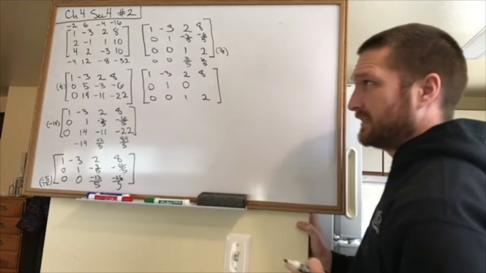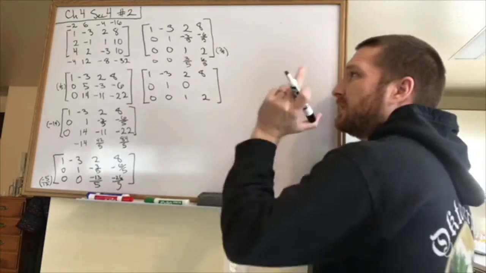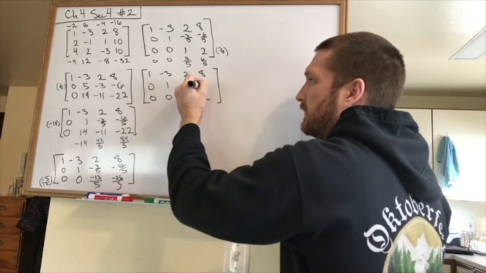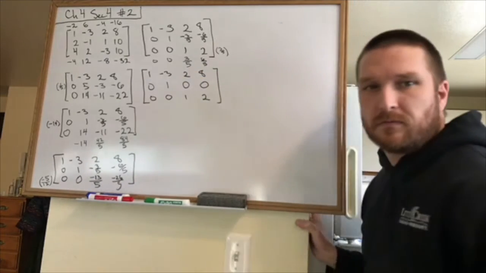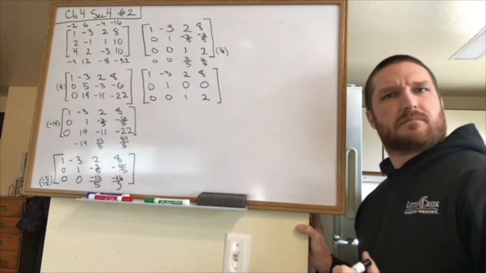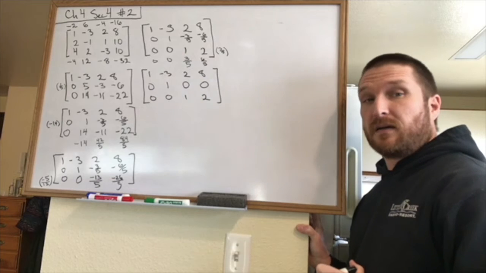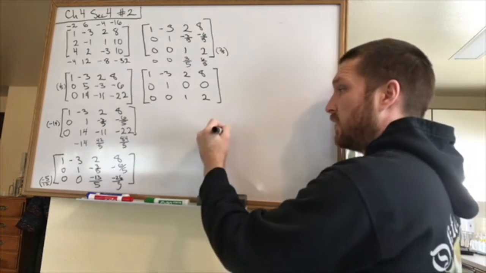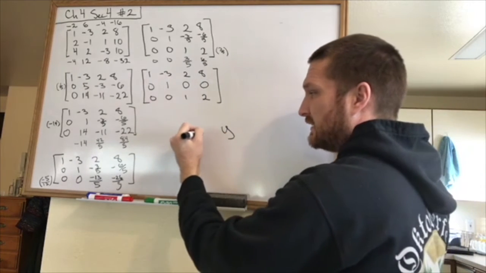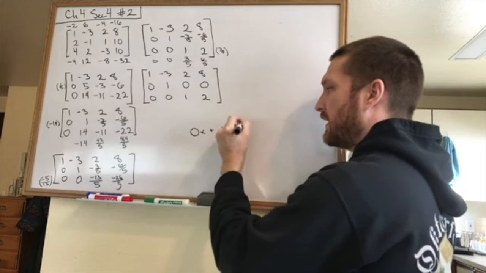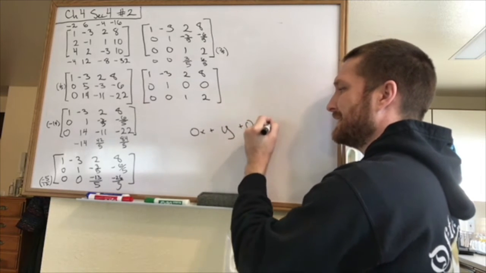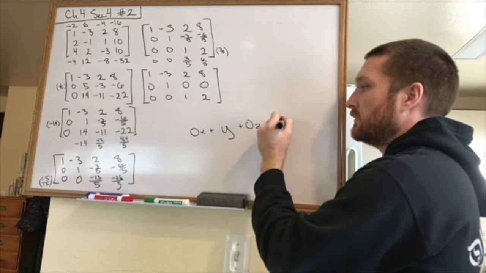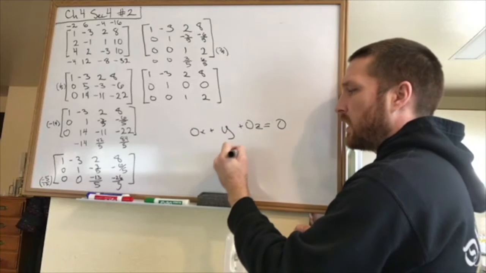Now something interesting has happened. 6/5 plus 6/5 gives me a 0. You might be thinking, uh-oh, is that what happened there? That's fine. All that means is that y, right? This means 0 x's plus 1 y plus 0 z's is equal to 0. So this tells me that y is equal to 0.